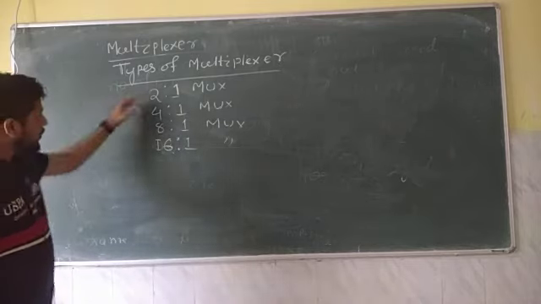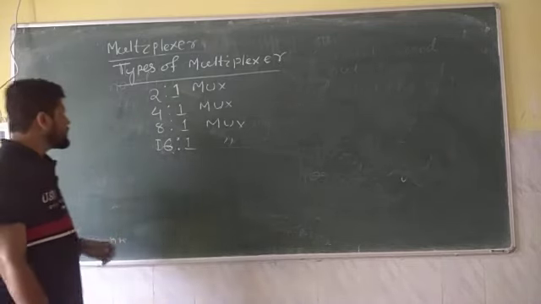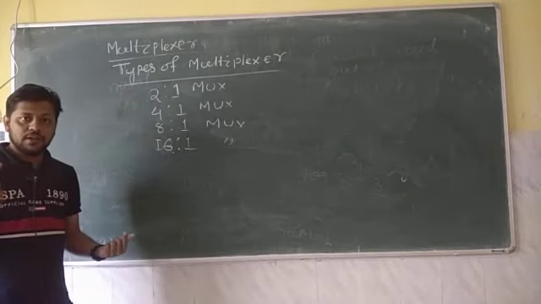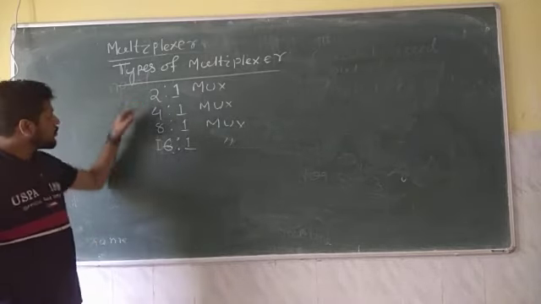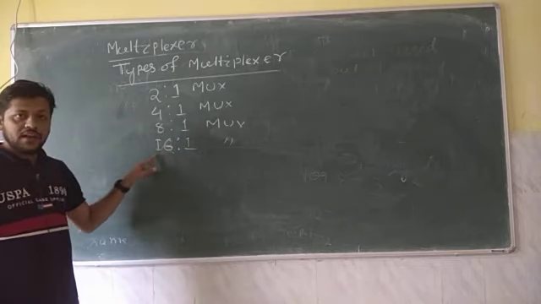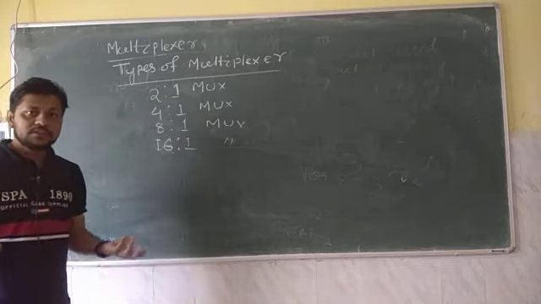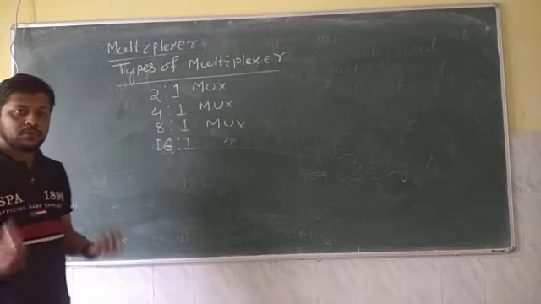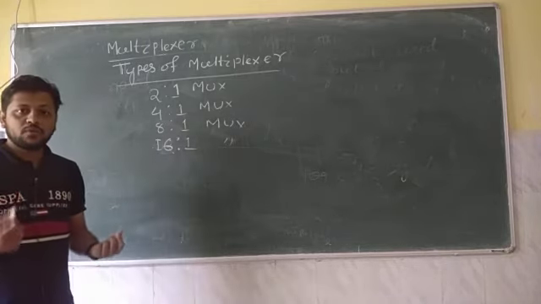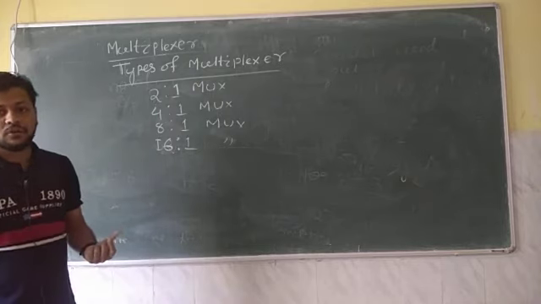The input lines are always in powers of 2: 2, 2 squared, 2 cubed, 2 to the 4, and from that we can find the number of selection lines. What is the purpose of selection lines? The purpose of selection lines is to select one of the inputs and connect it to the output.